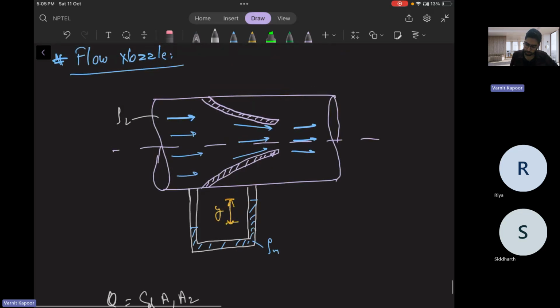This is your section 1, and this is your section 2, the area here.